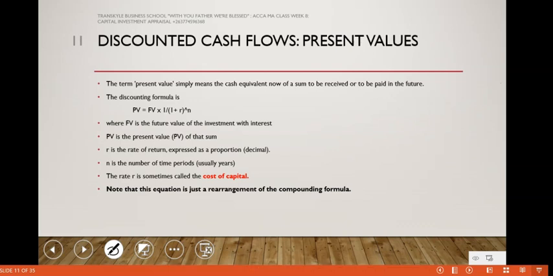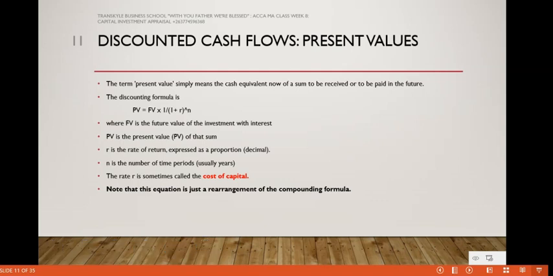Now let's talk of discounted cash flows, the present values. The term present value simply means the cash equivalent now of a sum to be received or to be paid in future. The discount formula is present value is equal to future value multiplied by 1 over 1 plus R to the power n.